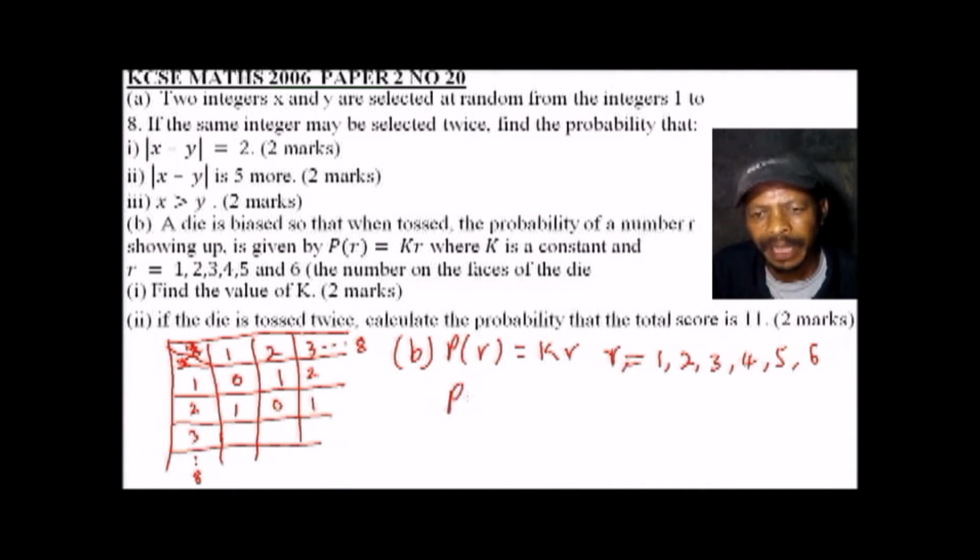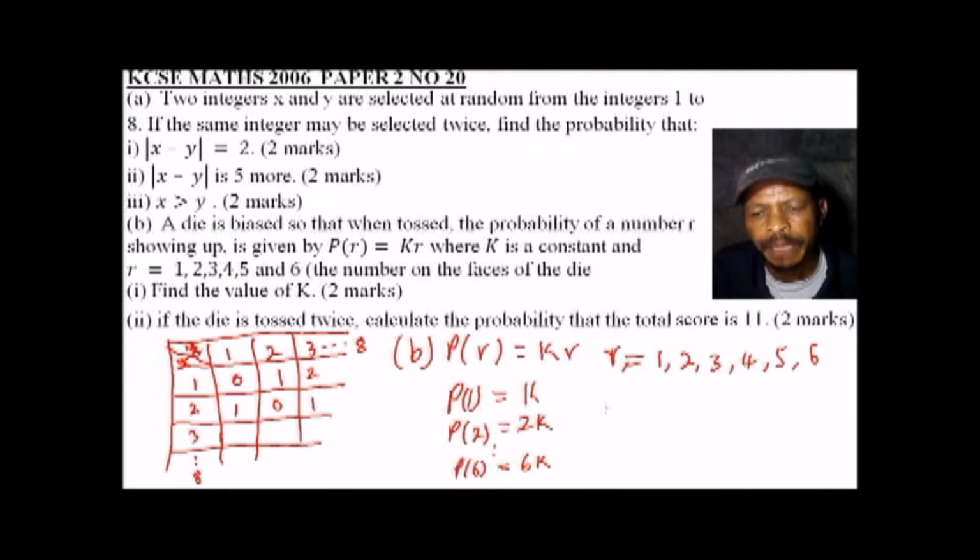For example, the probability of getting 1 is 1 times k, which gives you k. Then the probability of getting 2 is 2k. You continue like that up to the probability of getting 6, which gives you 6k.